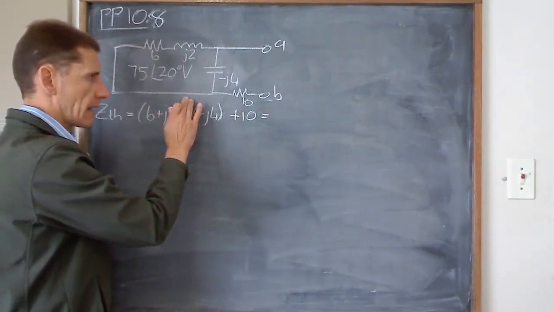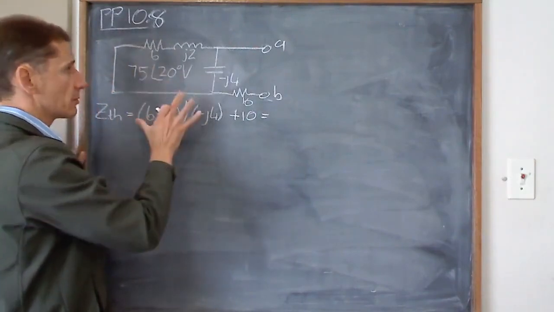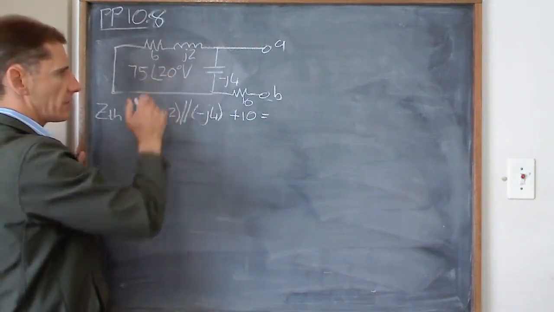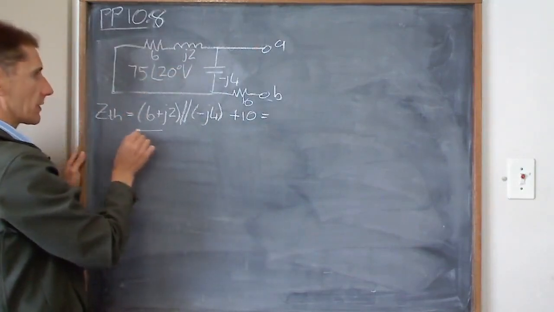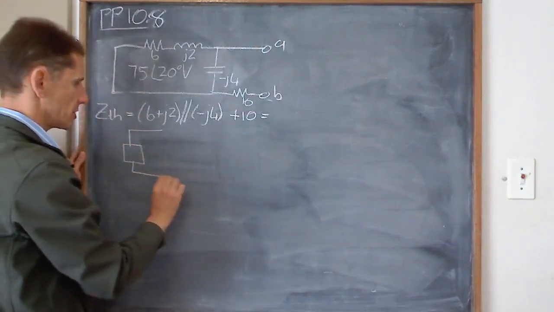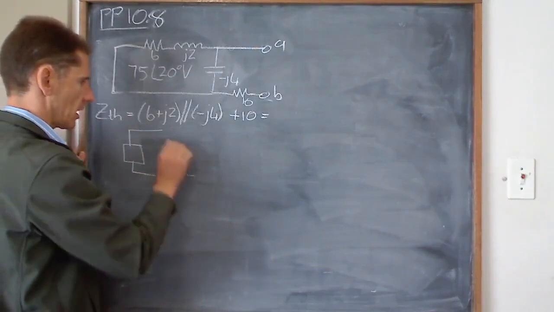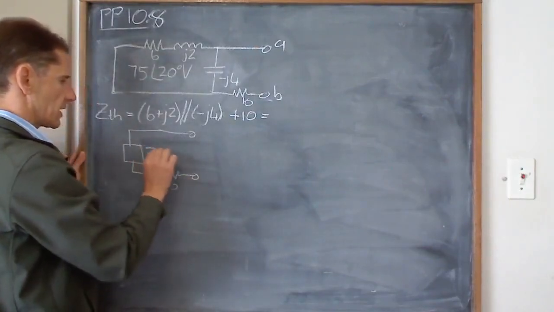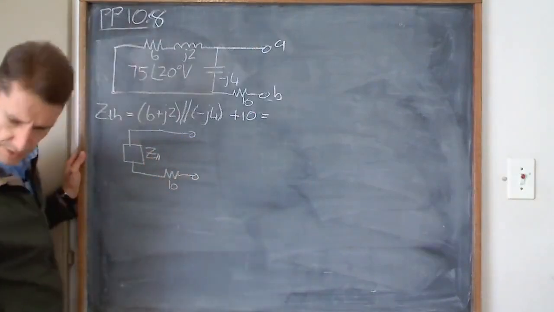But you need to be able to, at least for a simple circuit like this, see that these two are in parallel, and once they're in parallel, what is your circuit going to look like then? Let's just draw that. You have the parallel combination, and then the 10 ohms, and that's what you're left with. Everything is in series.